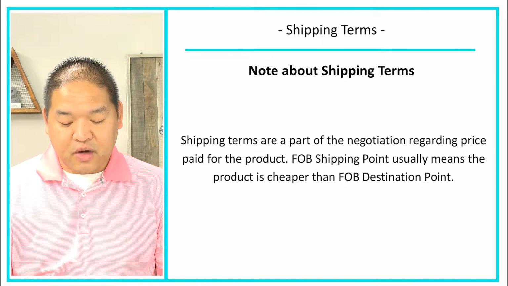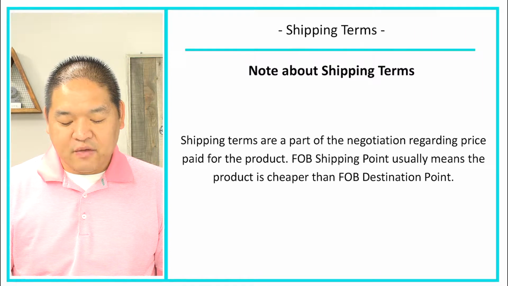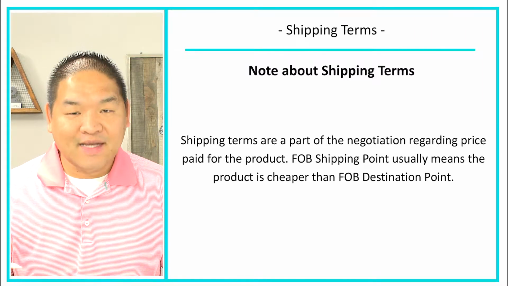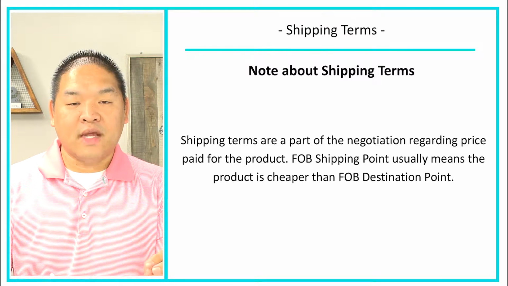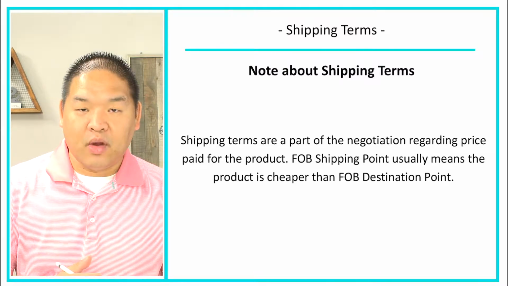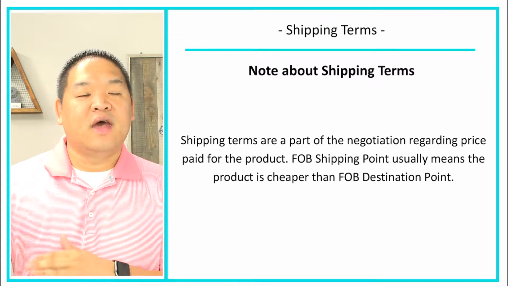Now, shipping terms are part of the negotiated price paid for the product. FOB shipping point usually means the product is cheaper than FOB destination point. And the reason why is who's taking the risk when it's being shipped. So if it's FOB shipping point, that means the vendor is taking a lesser risk than the purchaser.